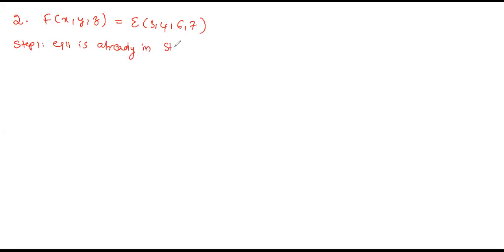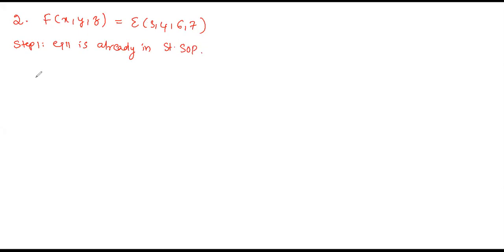Second one: f of x, y, z is equal to sigma 3, 4, 6, 7. Simplify using K map. Step 1: the equation is already standard SOP, so no need to change anything.